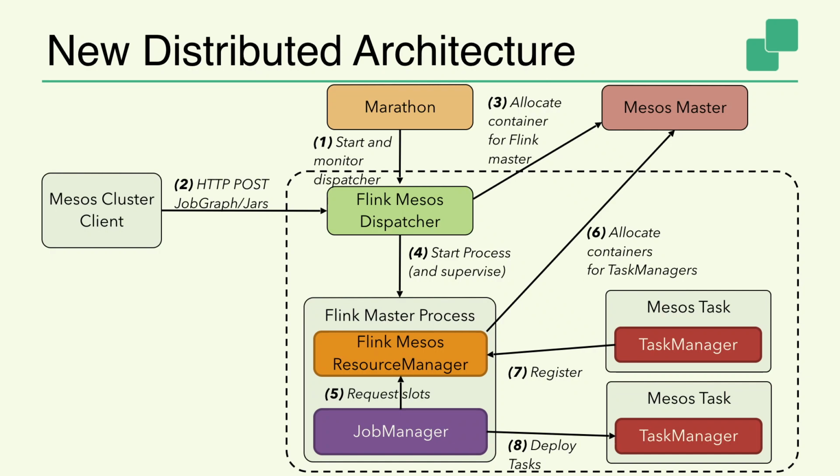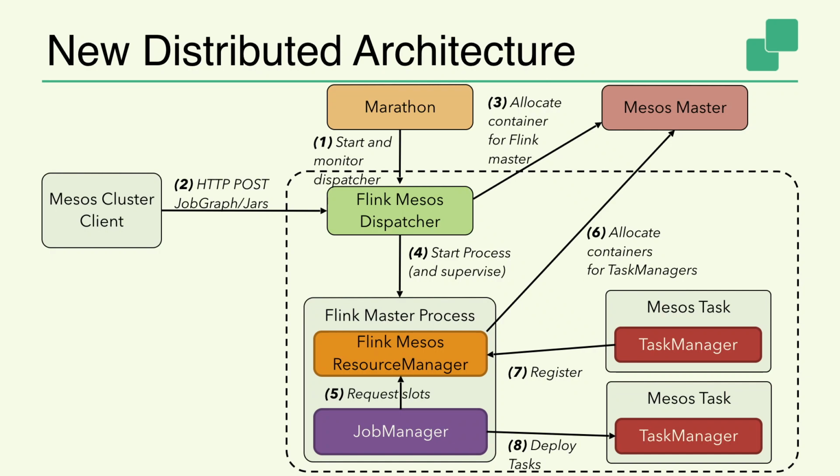An additional change is that the job manager now is only responsible for a single job. So you start one of these master processes for every job. The job manager then will start trying to execute the job, and for that it needs some resources, like slots to deploy the tasks to. This will trigger a slot request, which is sent to the Flink Mesos resource manager. This will then trigger the start of new Mesos tasks.